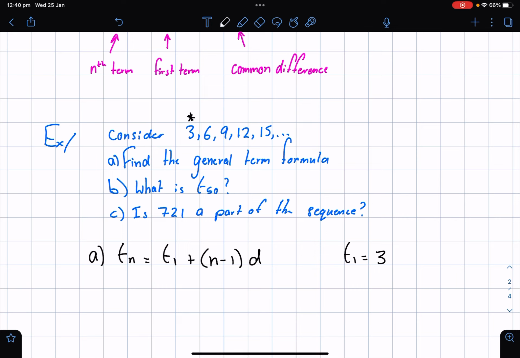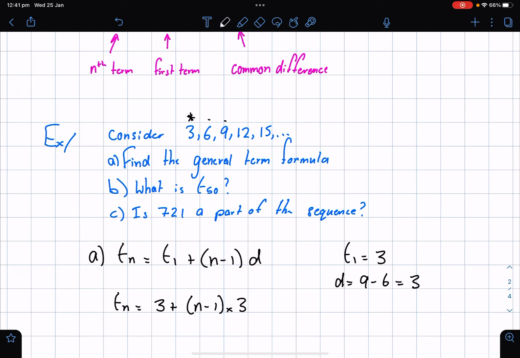Now remember, to find the common difference, we need to do some subtraction. So pick two numbers next to each other. I'm going to choose 6 and 9. So D is equal to 9 minus 6, which is equal to 3. So my D value is 3. Now let's substitute those values into our general term formula. So Tn is equal to 3 plus n minus 1 times by 3.